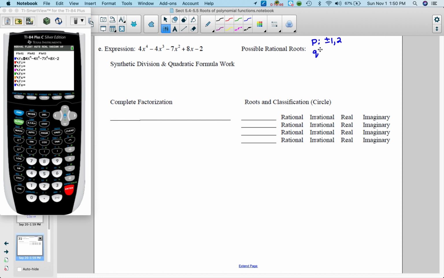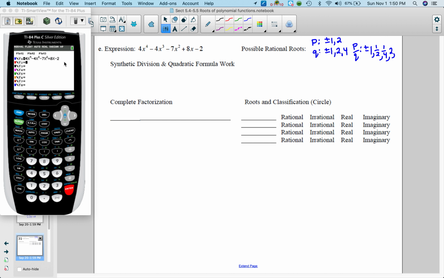And for the q, we have from this 4, we get plus or minus 1, 2, and 4. So for our p over q, we get plus or minus 1 over 1, which is 1, or 1/2, or 1/4, or 2 over 1, or 2 over 2, which we already have because it's 1, or 2 over 4, which we already have. So these are our possible rational roots.